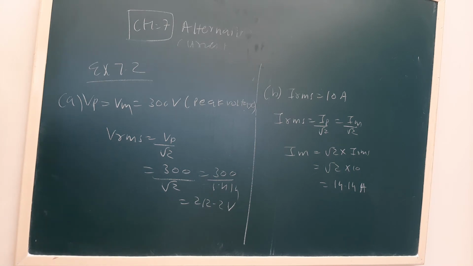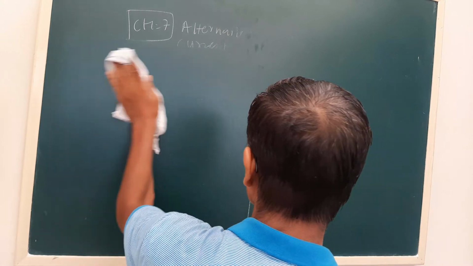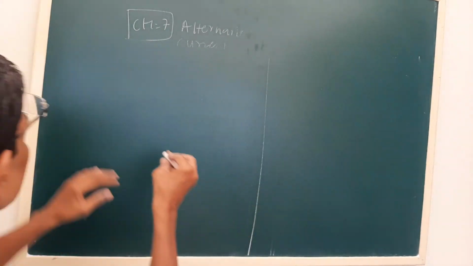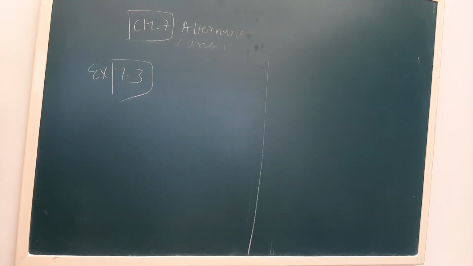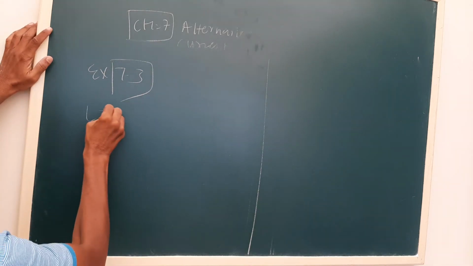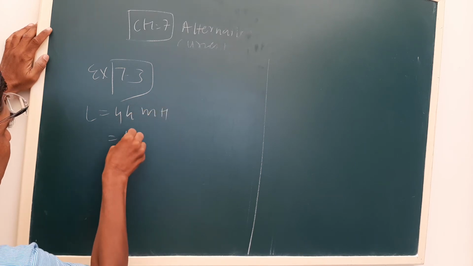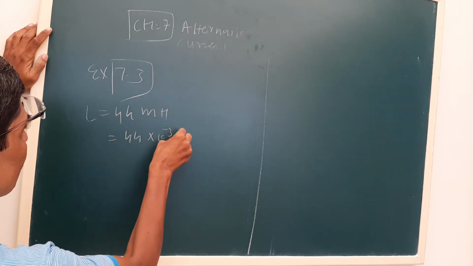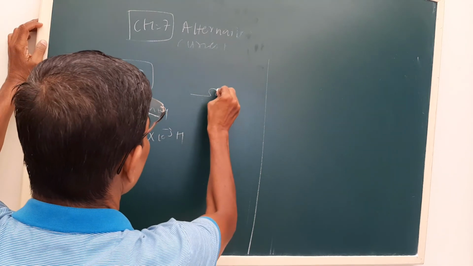Now see our next exercise numerical, that is exercise number 7.3. Now see, the circuit with only an inductor, 44 millihenry. This is a circuit with only an inductor connected with the voltage.